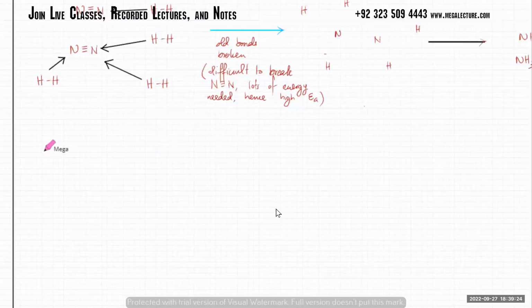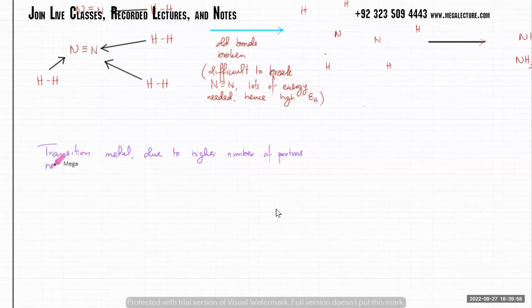Why are they such good catalysts? Transition metals, due to a higher number of protons, lose their tendency to lose electrons. So they have a very weak tendency to lose electrons.